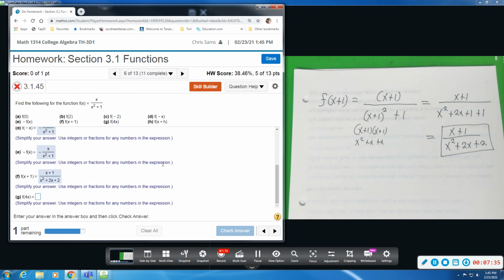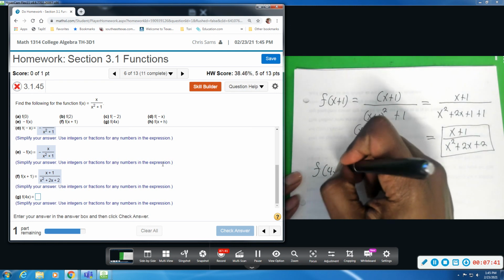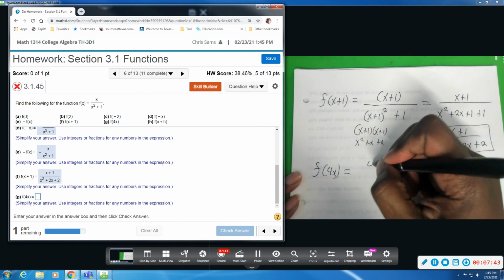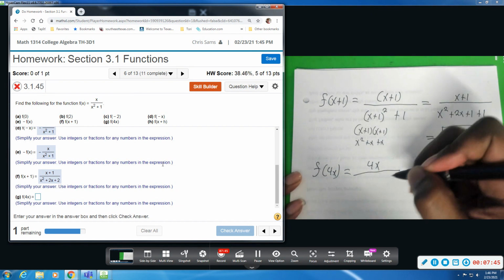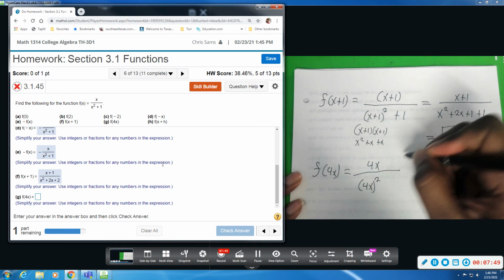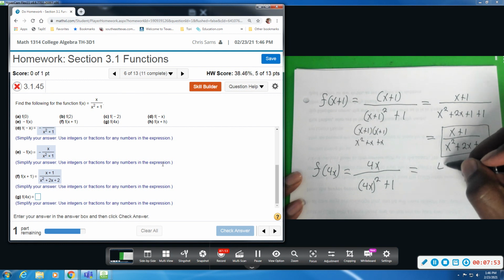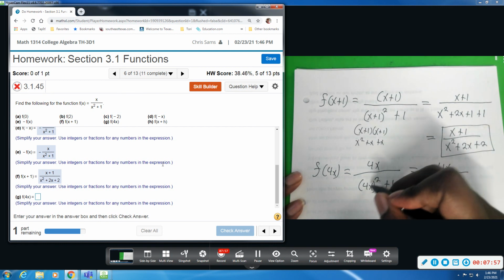Alright, so now we're going to plug in f of 4x. So you plug a 4x on top. On the bottom you're going to have a 4x in parentheses squared, and then your plus 1. So on the top, nothing to do with 4x. On the bottom you're going to square. They both get squared.